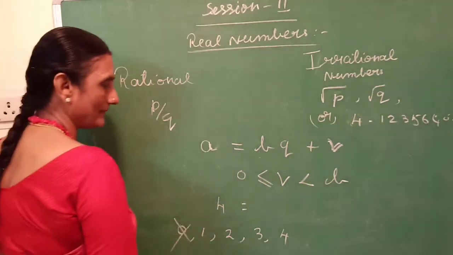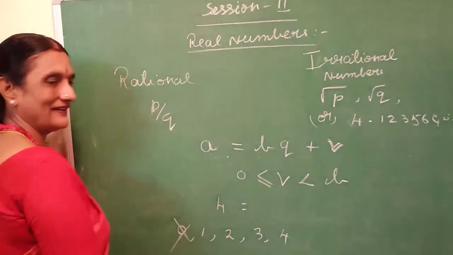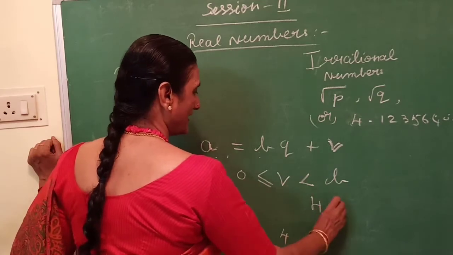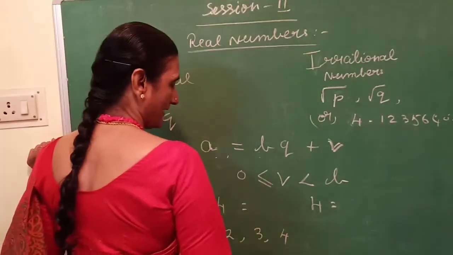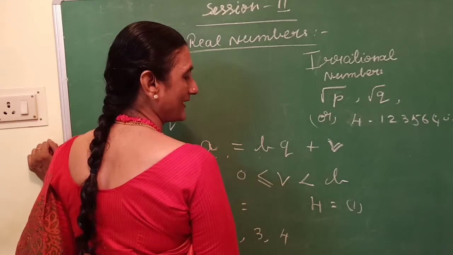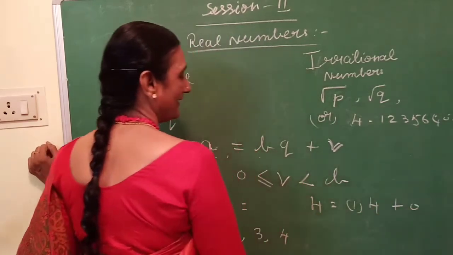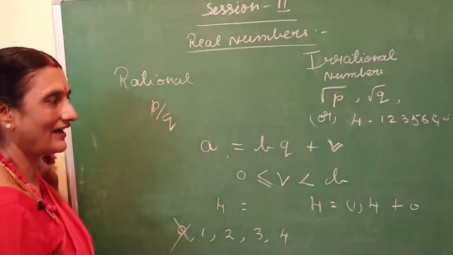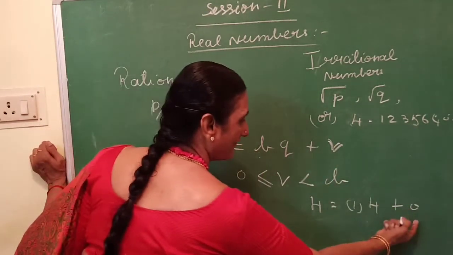If you take 1, how do we rewrite 4 using this statement? 4 is equal to 1 times 4, plus 0. So 0 is less than or equal to r means that 0 you can take. Are you understanding? And this r value is less than b.